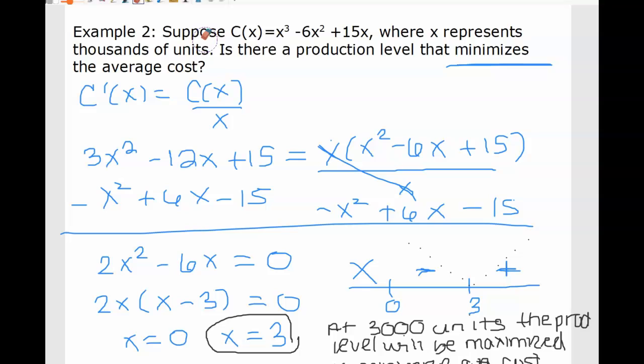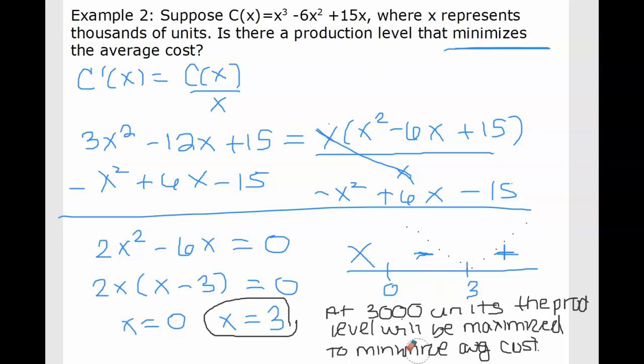So again, the production will be maxed out, giving a minimized average cost. And if you think about cost, you want your cost to be less. So this will be the point at which the cost is minimized.